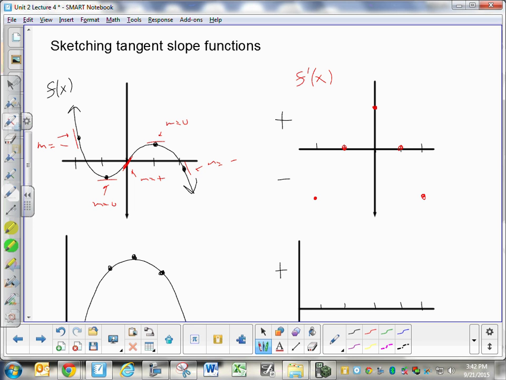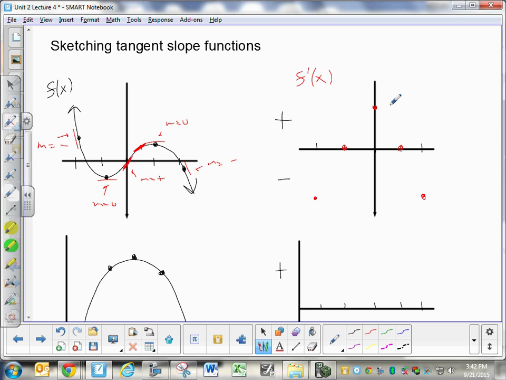Now here's a question. Do you think it's going to be safe to connect these points and make this look like a smooth function-like looking curve? I don't know. Let's find out. Let's go to 0.5. If I put a point right there and drew a tangent slope, it's a positive slope, right? Is it more or less positive than at 0?